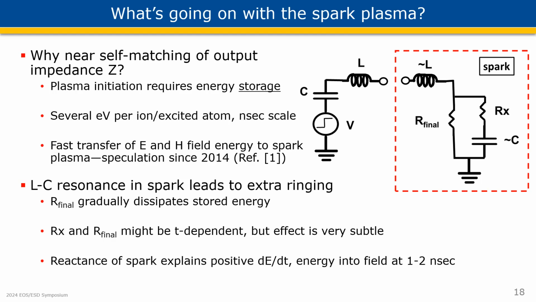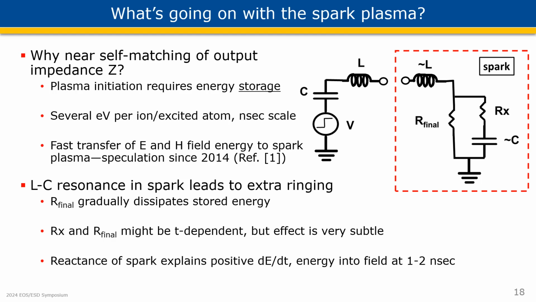Now, moreover, the extra ringing could be due to a plasma under certain conditions of natural frequency. But as I pointed out a few minutes ago, the R final is what dissipates the stored energy in that ringing.